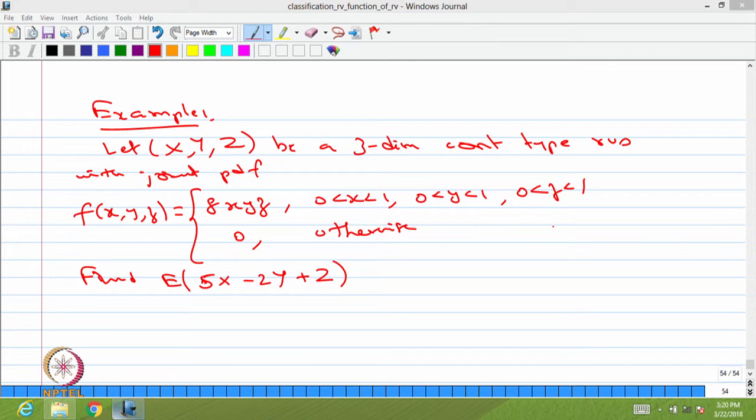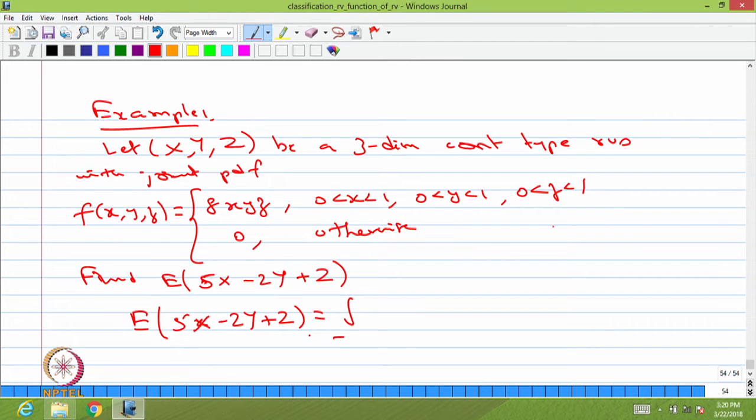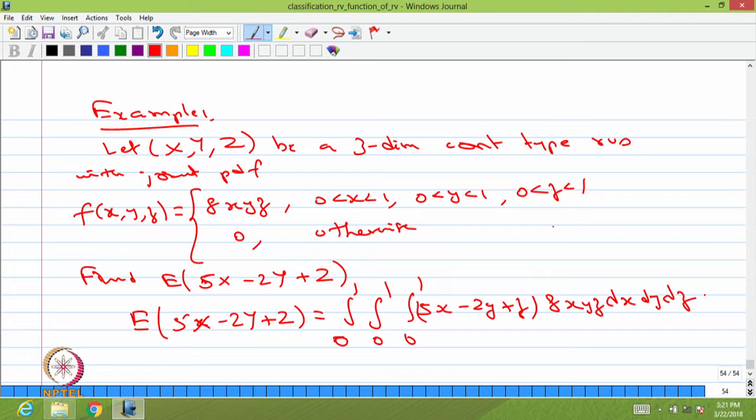That is expectation of 5x minus 2y plus z, that is the same as, since x, y, z lies between 0 to 1, it is 0 to 1, 0 to 1, 0 to 1, 5x minus 2y plus z times 8xyz dx dy dz.